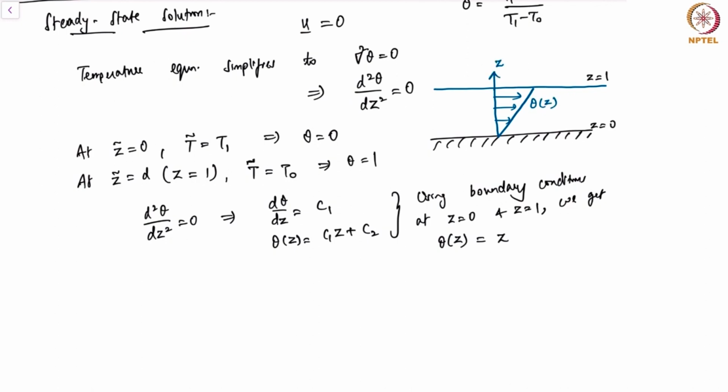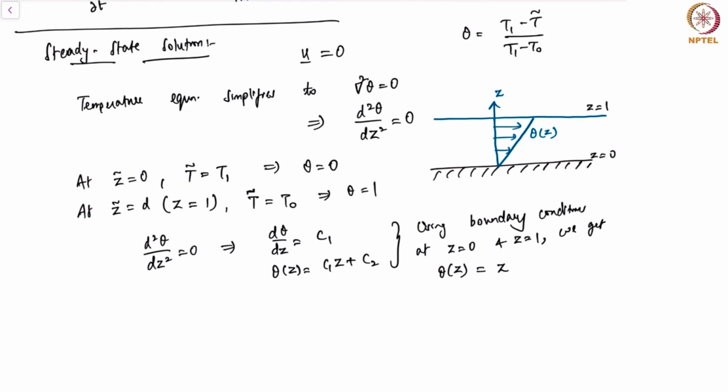Remember, theta is T1 minus T tilde, divided by T1 minus T0, so theta will be 0 at the bottom. Don't look at this profile and think that the temperature is actually increasing as you go to the interface. On the contrary, the temperature is decreasing. If I were to plot the dimensional temperature, at the bottom we would have T1, at the top you would have T0, and it would decrease linearly with distance.